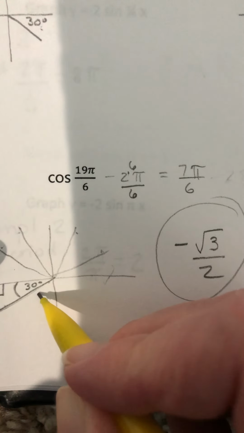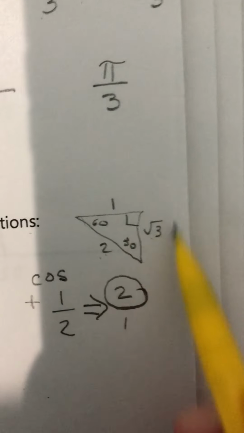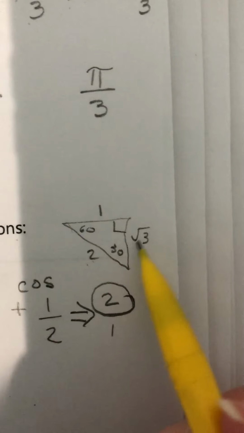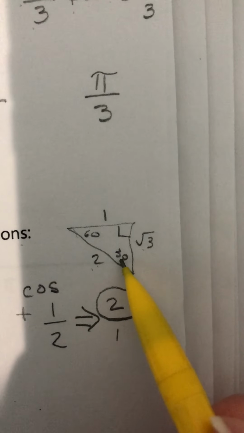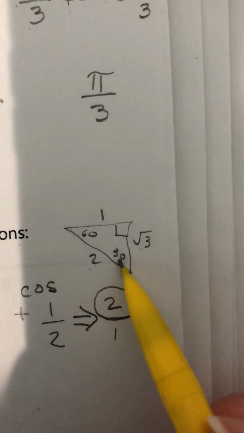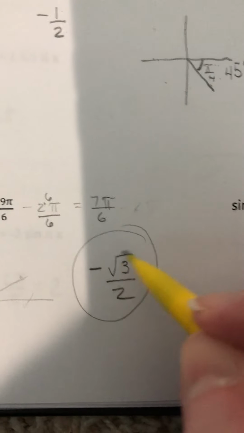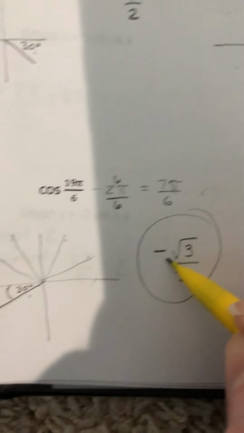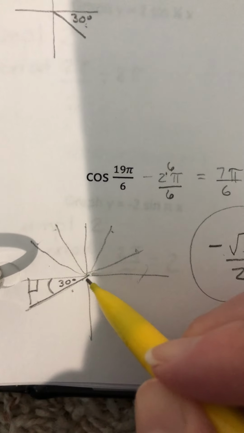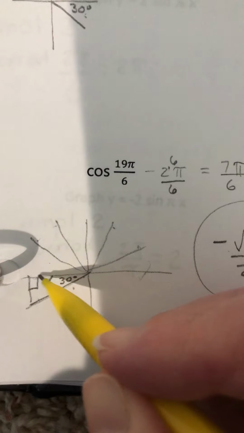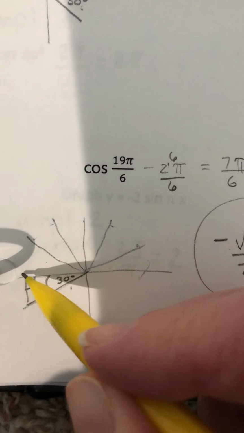It's helpful to convert the radians into degrees because then you can go back and use this triangle. If we want the cosine of 30, it's going to be the adjacent over the hypotenuse. So that's where I'm getting radical 3 over 2. And it's negative because the x coordinates are negative.